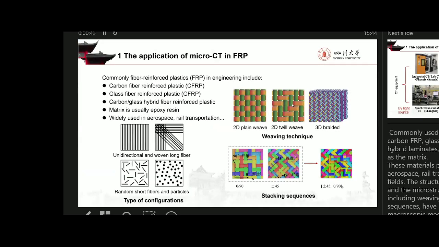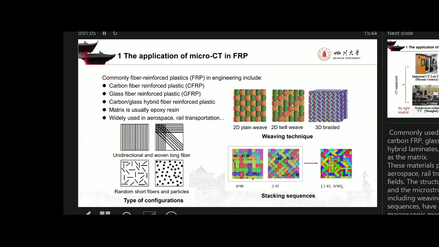First, the commonly used fiber reinforced plastics in engineering are carbon fiber reinforced plastic, CFRP, glass fiber reinforced plastic, GFRP, and carbon-glass fiber hybrid laminates.